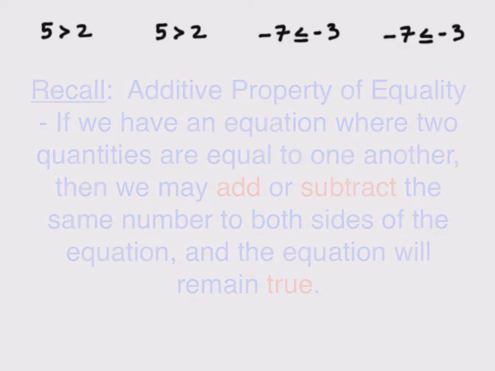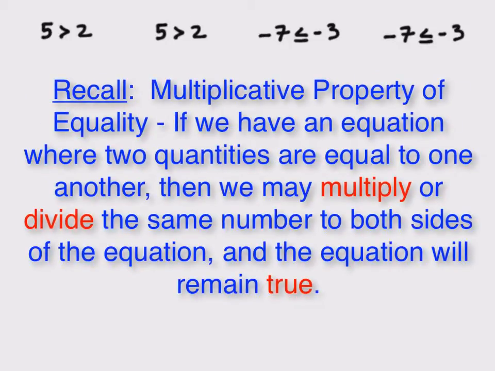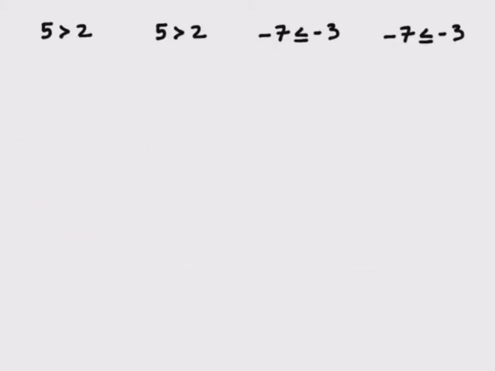We also had the multiplicative property of equality, which said if we have an equation where two quantities are equal to one another, we could multiply or divide both sides of the equation by any number, and the equation would remain true. And those were really necessary for us to solve all sorts of tough equations that we've dealt with already.